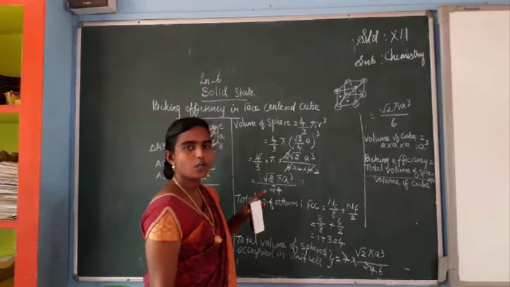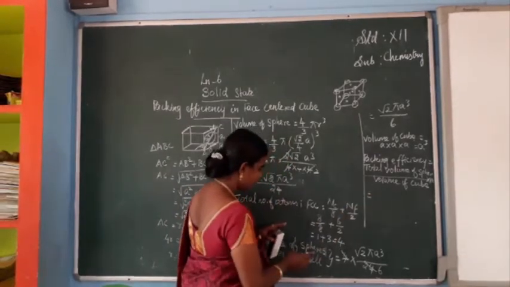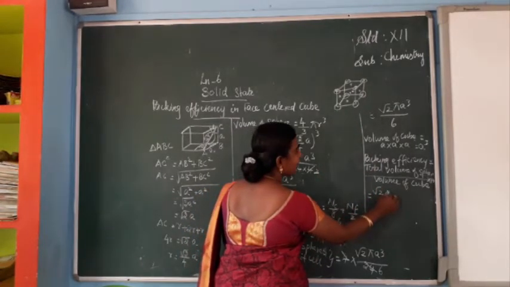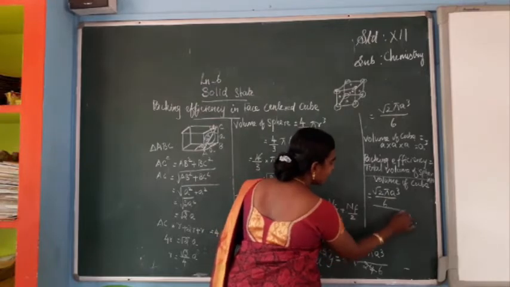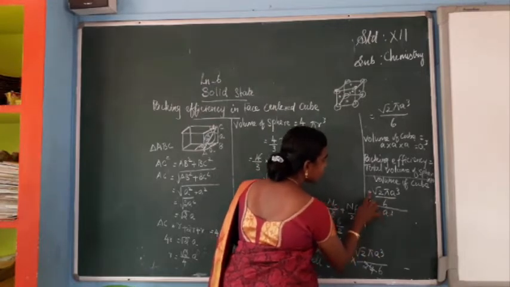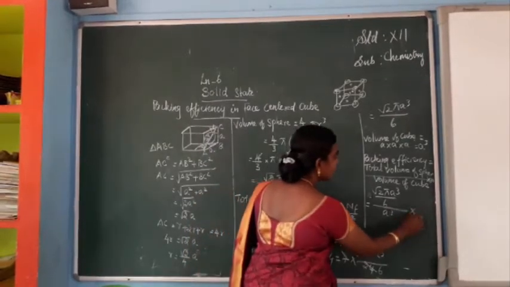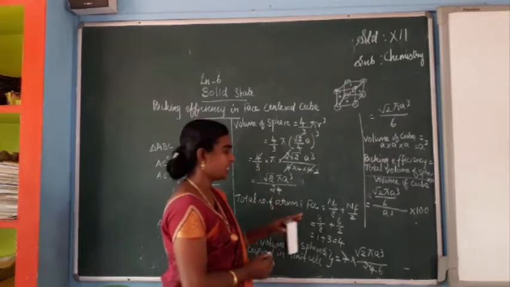So the total volume of spheres, the value we got, is root 2 pi a cube divided by 6, divided by a cube, the volume of the cube, into 100. So this is the formula for calculating packing efficiency.